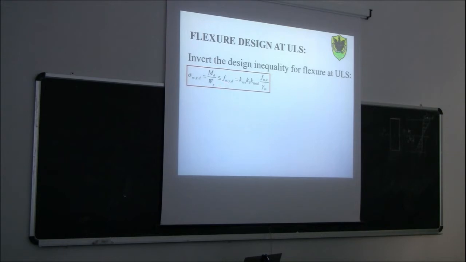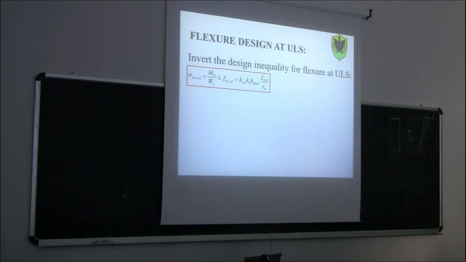Then f_m,y,d, k_sys, the system coefficient. Do we know the system coefficient? Well, yes, because we know it from our calculation. If you are in doubt, you put k_sys equal to 1. Anyway, it may be between 1 and 1.1, 1.15, not important. k_h, size factor. Do we know the size factor?